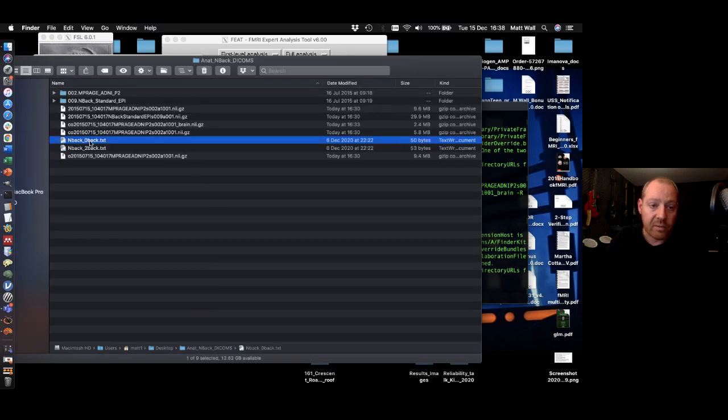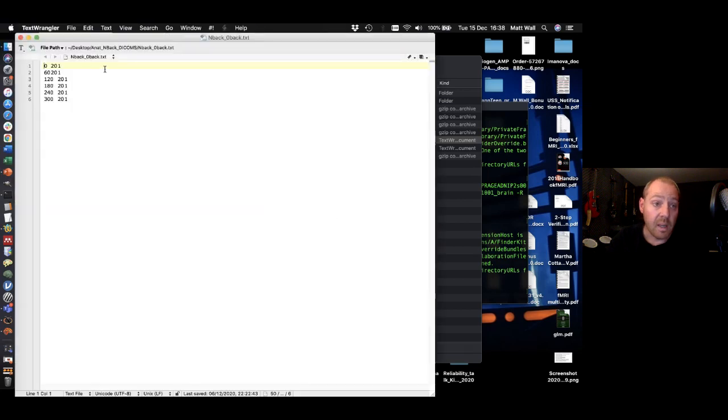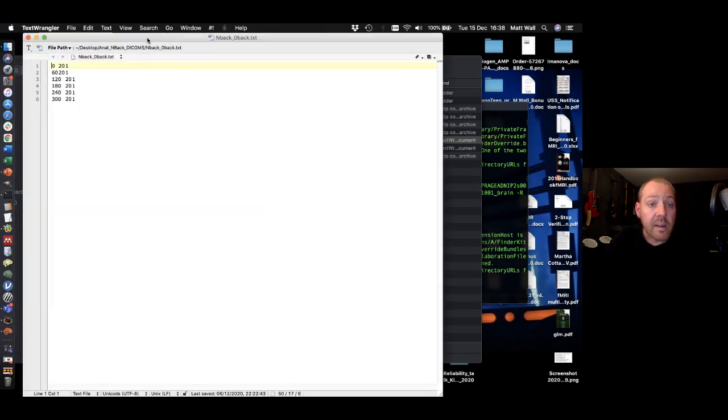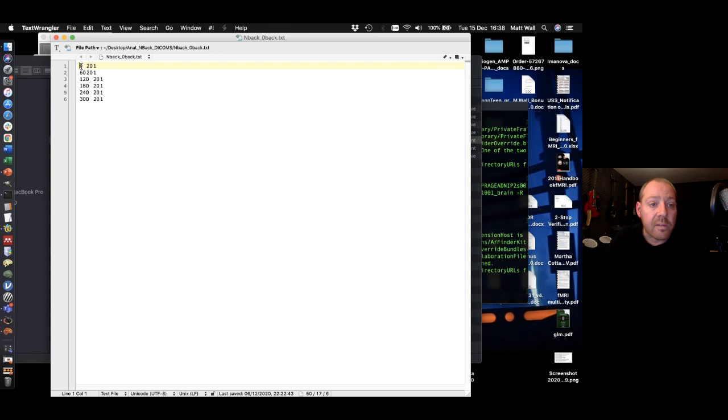And these text files are very simple. They're just 3 columns of numbers. I need to update my text reader, obviously. So it's the onset timings in the first column and the durations of each block in the second column, and then the last column is always 1. It's a constant.